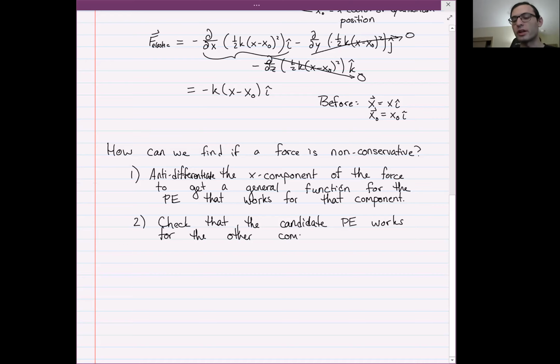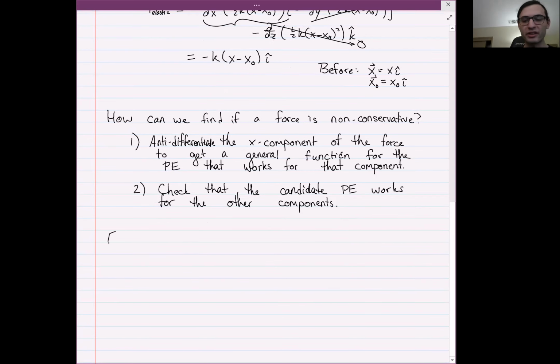So once you generate your candidate potential energy function, you then take the partial derivative with respect to the other coordinates, y and z, say, and check to see if they match what those force components actually are. If they do, then you're done. You have a potential energy function for a conservative force. If they can't, if no possible function exists that will let you do that, then you're out of luck and there is no potential energy function for this force. And that means that the force is non-conservative.